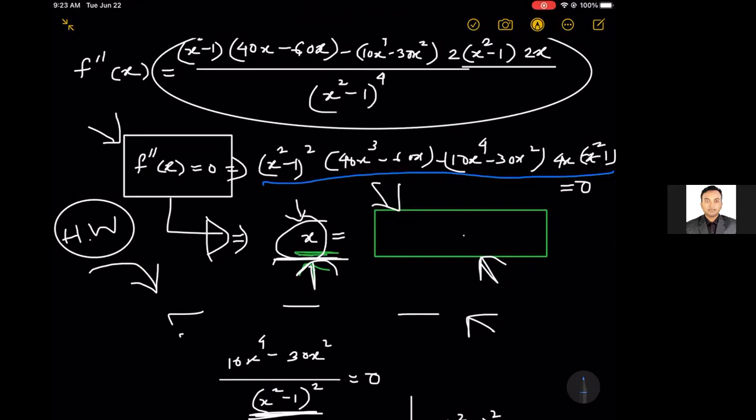I'd like one of you to help me with the calculation. Using the calculator, of course, you don't need to go for hand calculations anyway. So the first interval was from -∞ to -3. So which point should we pick? Which one do you think would be easier if we pick from that interval?